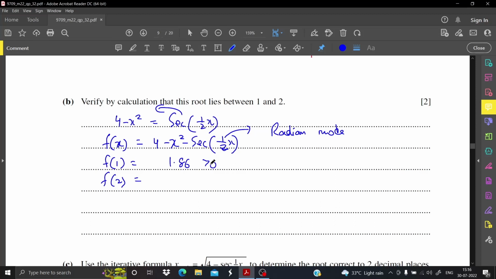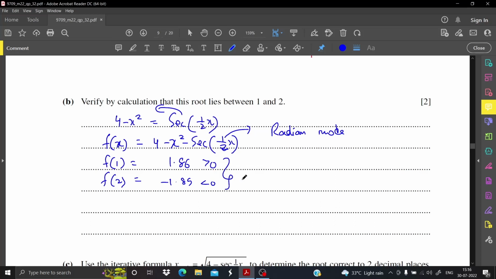Now let's check for 2. So 4 minus 2 squared, which is 4, minus 1 by cos of 0.5 times 2, which is 1. That will give you minus 1.85, and this is negative.